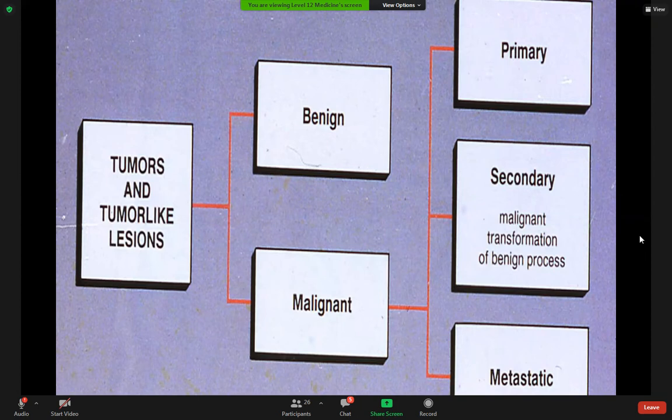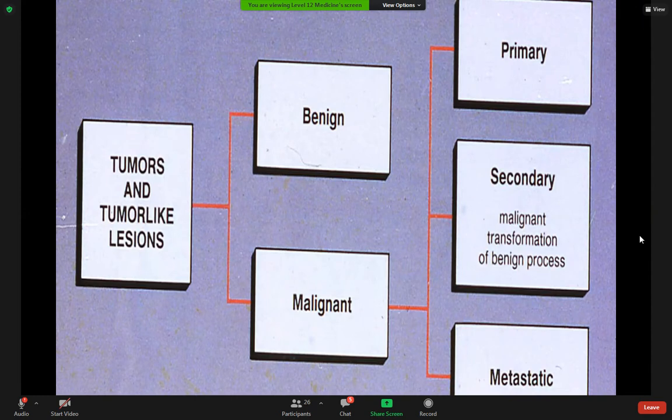Again, this is the classification. So benign and malignant. Malignant can be primary, meaning it originates from the bone itself or the soft tissue surrounding the bone, or can be metastatic secondary, which is a transformation of a benign tumor to a malignant tumor. And the most common is the metastatic type.